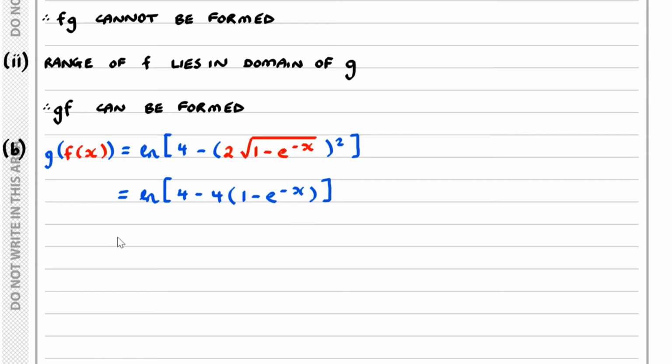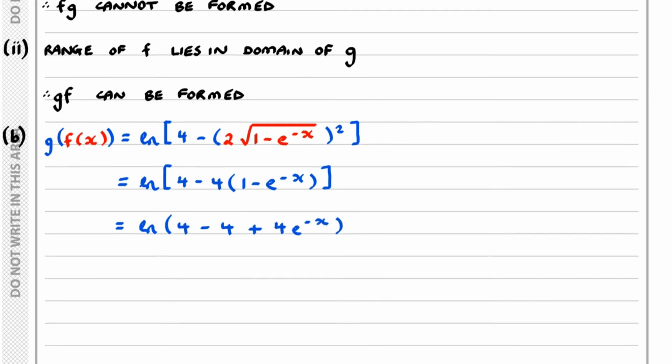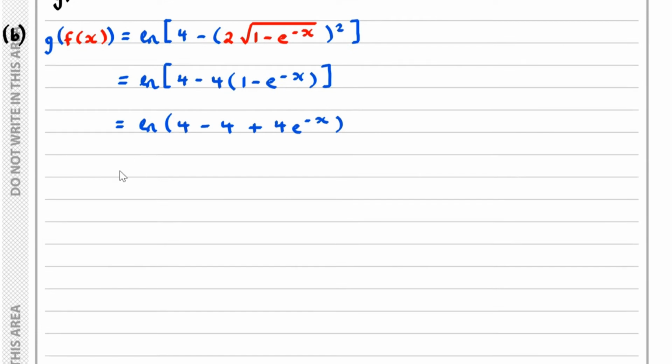So we have the natural log of 4 subtract 4 plus 4e to the negative x, which would simplify to the natural log of 4e to the negative x.